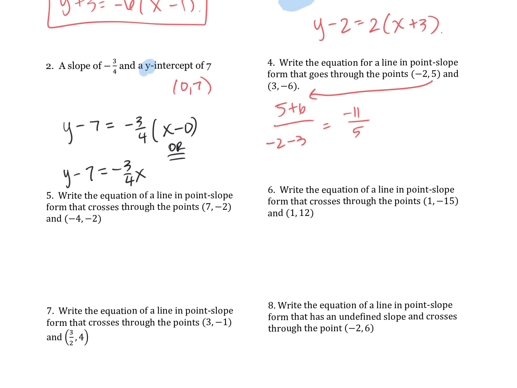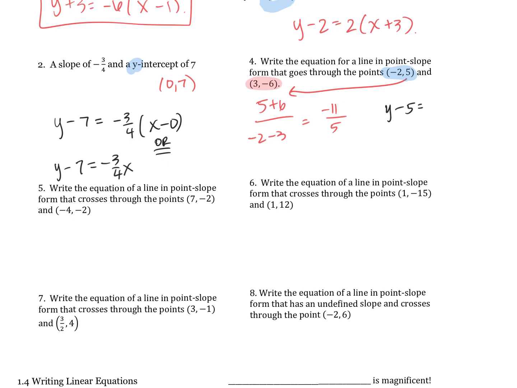Okay. You guys, for point slope form, do I care which point you use? Sure don't. Sam, which point might you choose? Would you go negative 2, 5, or are you a 3, negative 6? There's no wrong answer. I choose negative 2, 5. Negative 2, 5. I dig it. So Sam's answer is going to be y minus 5 equals the slope of negative 11/5 times x plus 2.